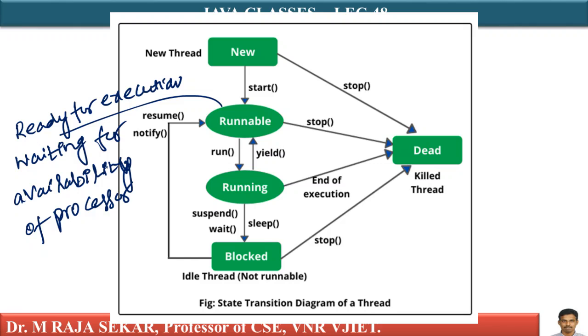In this state, the threads which are waiting for the availability of processor are kept in a queue, which I will discuss later. Whenever a thread gets the processor, that is CPU, it becomes active and moves to the running state.